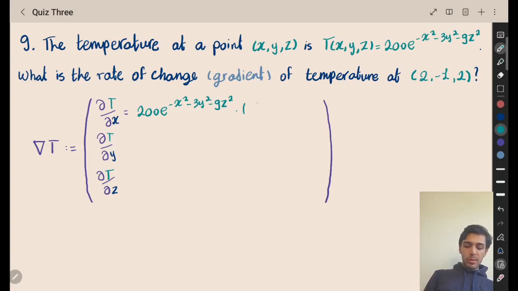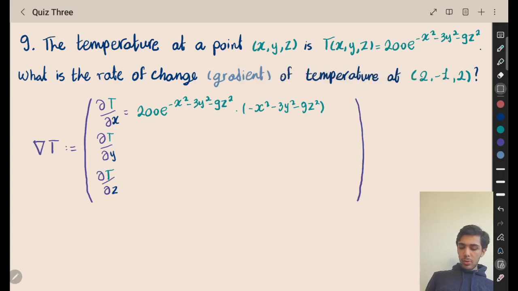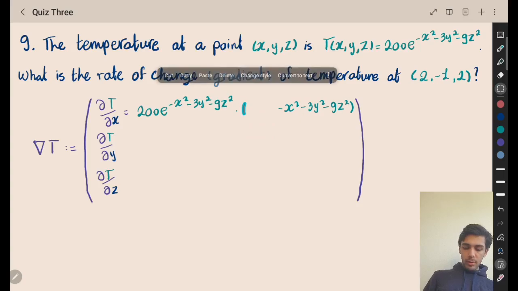So to be more precise, the derivative is, but this time it's going to be with respect to x. Maybe I write prime. Maybe if I want to be very, very precise, I write partial x.